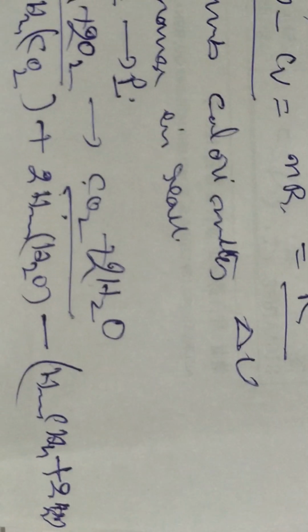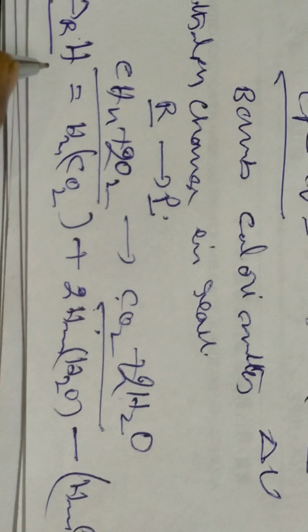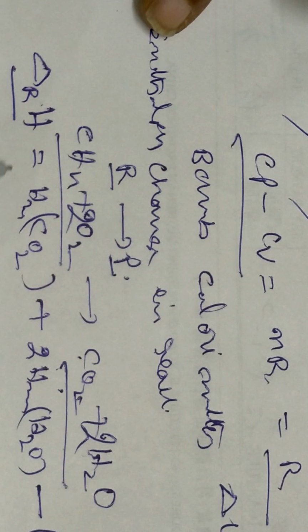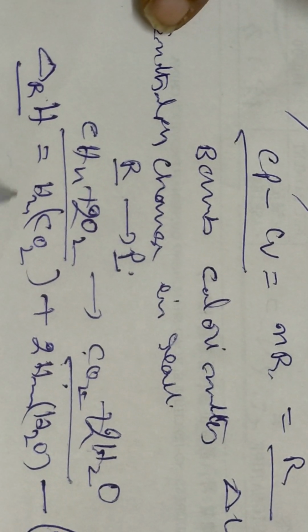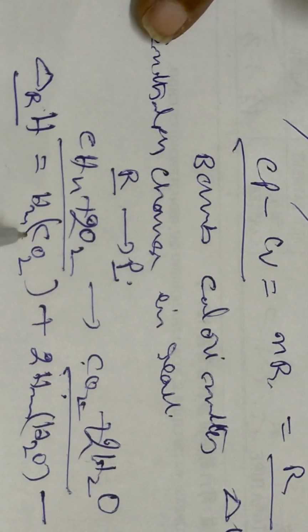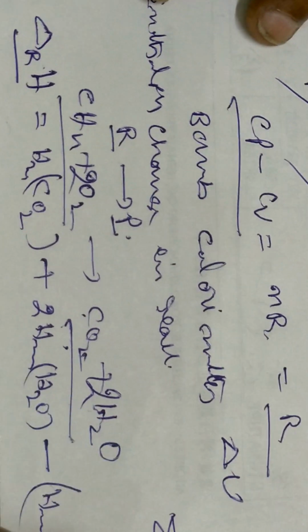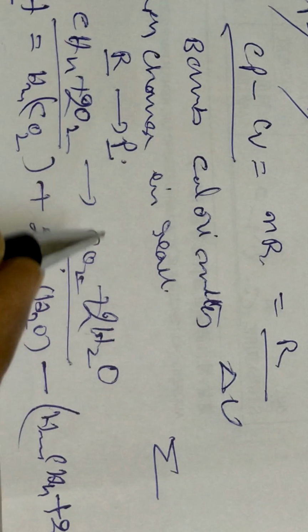That is the reaction enthalpy. It is nothing but the products enthalpy minus the reactants enthalpy. In some books a sigma sign is used for the summation.